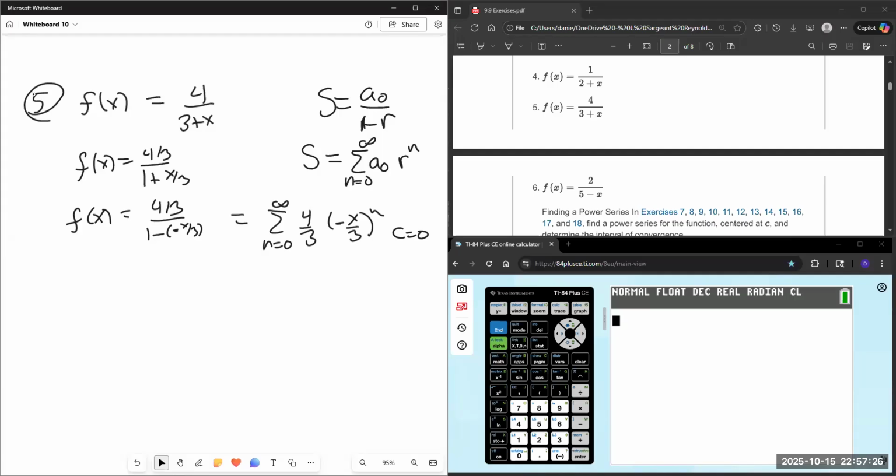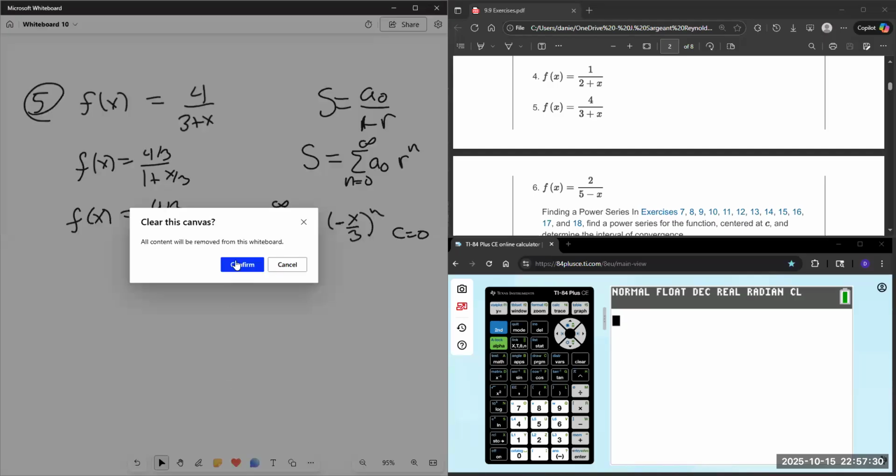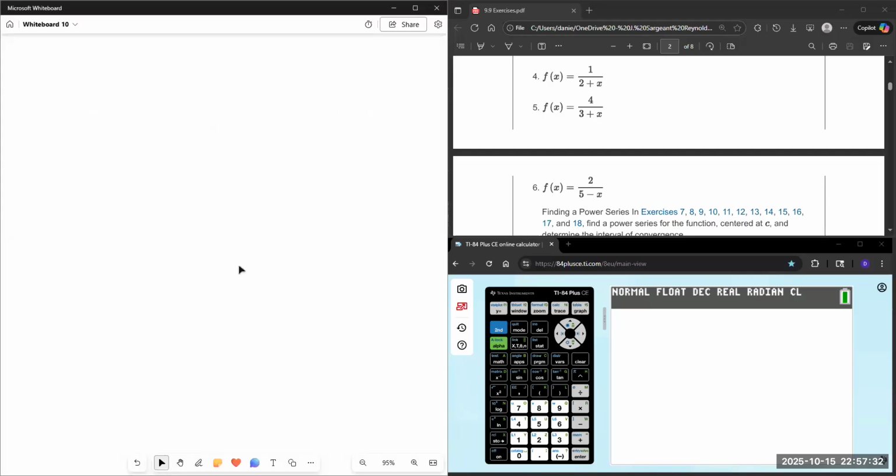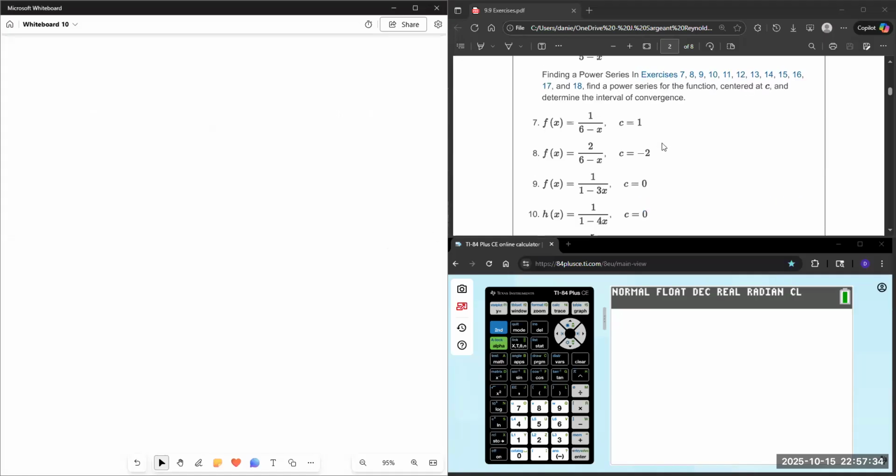All right, let's look at number 9. 9 says, find the power series for the function centered at C and determine its interval of convergence. So 9 says f of x is equal to 1 over 1 minus 3x, centered at 0.